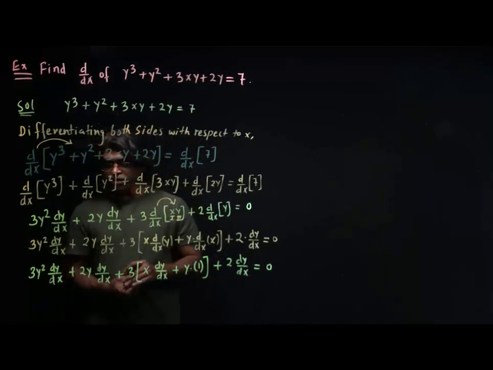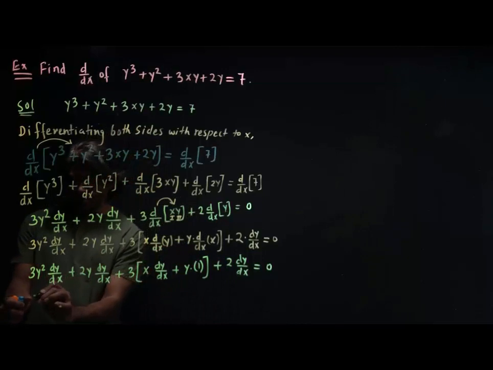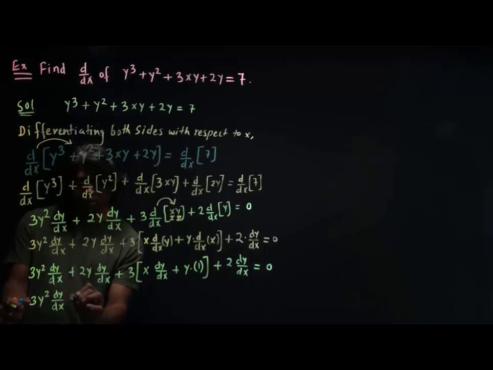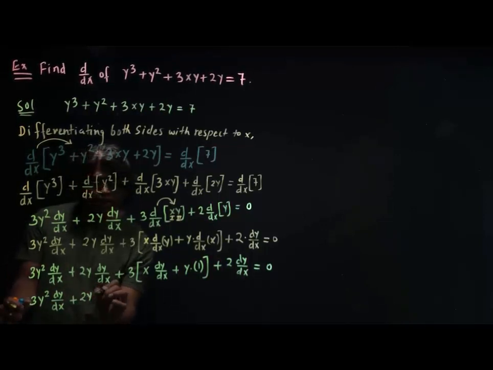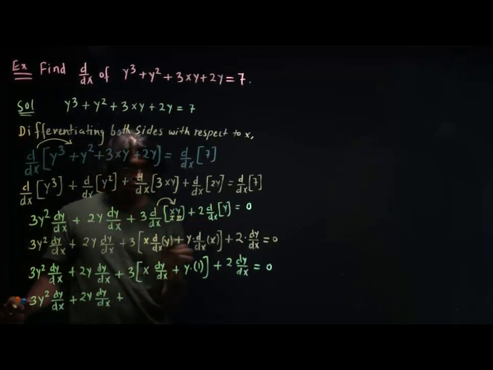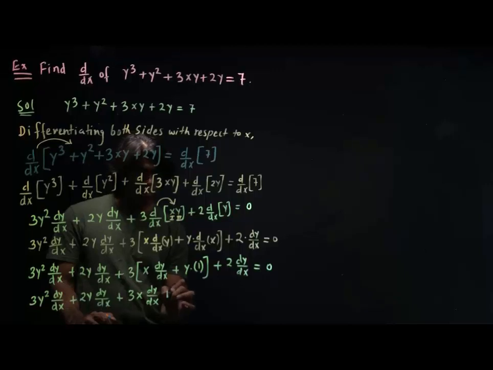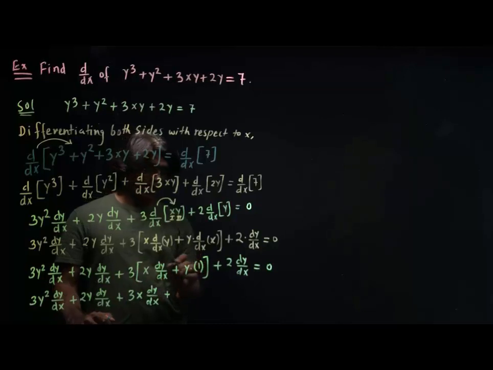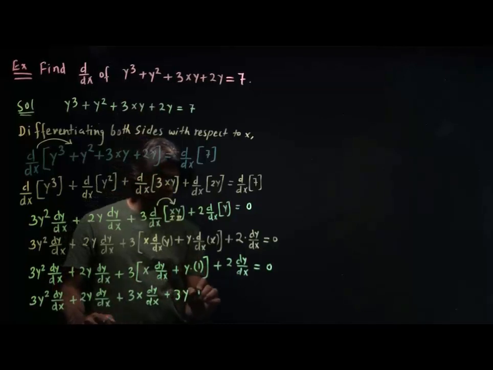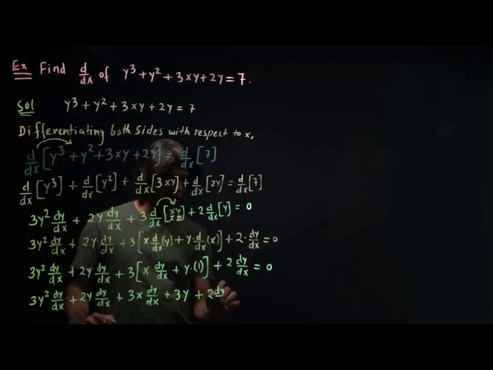Now I am going to simplify further. I will write 3y squared dy over dx plus 2y dy over dx plus, multiplying 3 inside, 3 times x is 3x dy over dx, right? Plus y times 1 is y, so when I multiply 3, I get 3y, plus 2 dy over dx is equal to 0.